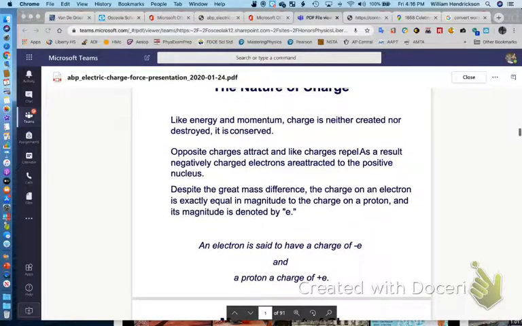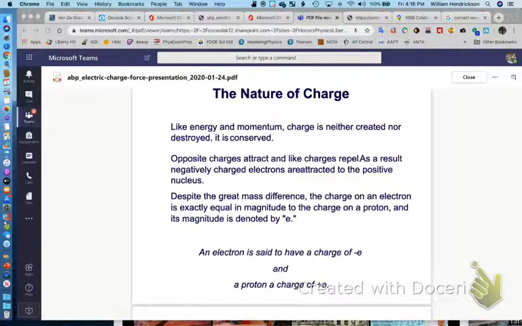Now, a couple of things are conserved in physics. Energy is conserved. We can't make energy, we can't destroy energy. Momentum is conserved. Charge is conserved, meaning you can't create it, you can't destroy it.